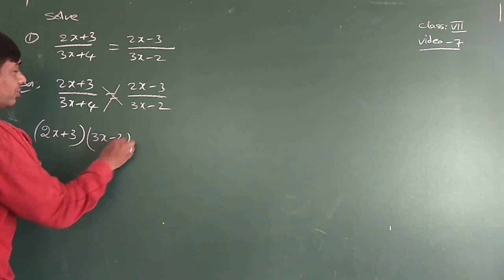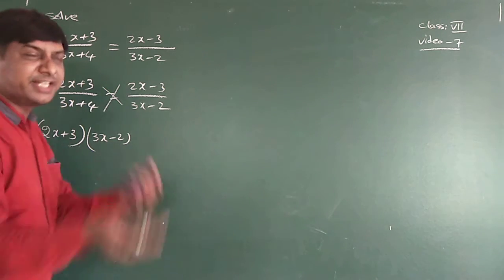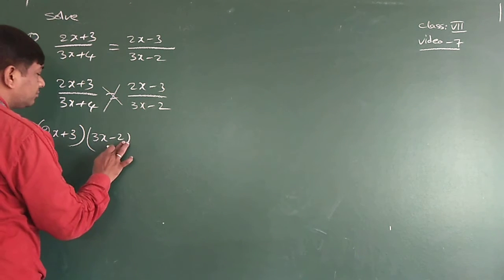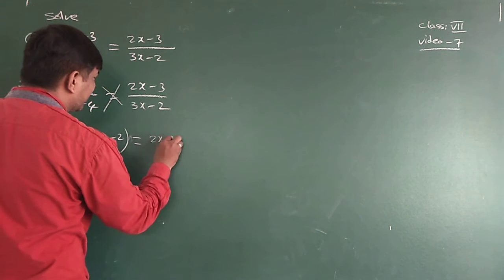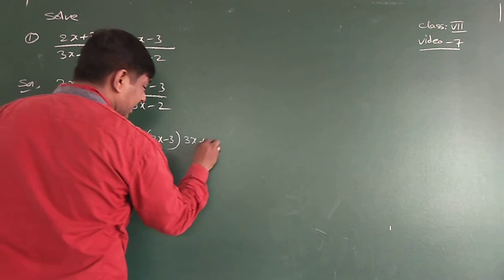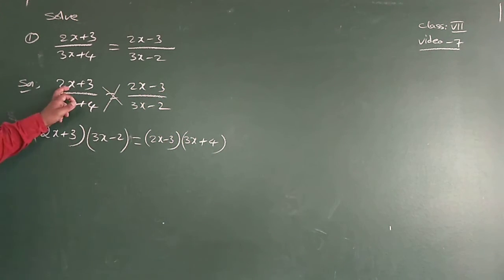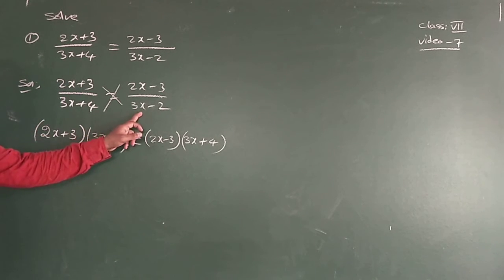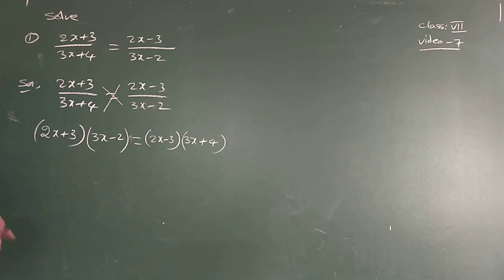Total problem I am writing in general form so that I can solve easily. 2x plus 3 into 3x minus 2 is equal to 2x minus 3 into 3x plus 4. Cross multiplication means this and this multiplied.